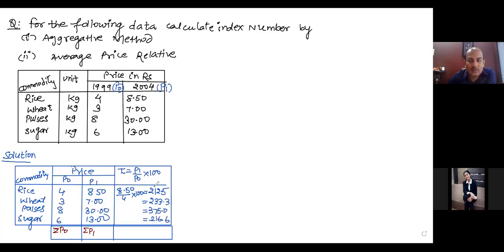When I'm finding the total, this is to be written as summation of I. And this total is coming out to be 1037.40. This is 58.50. And this value is 21.